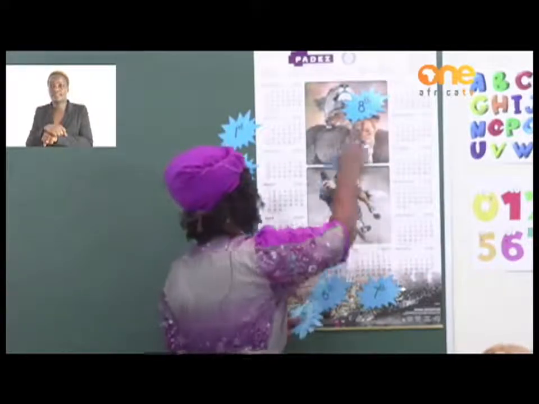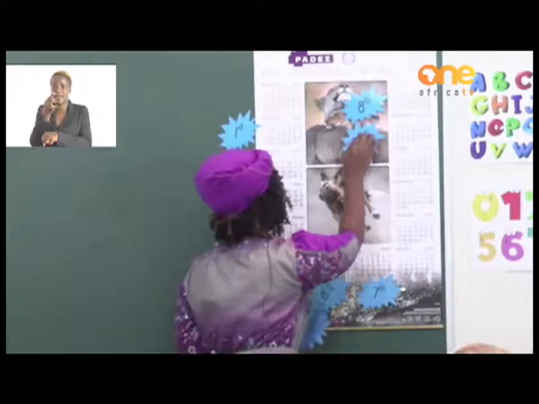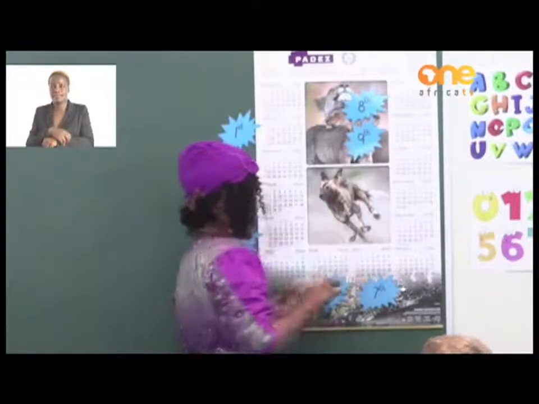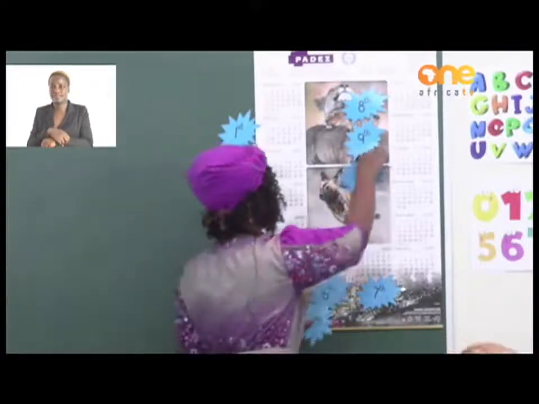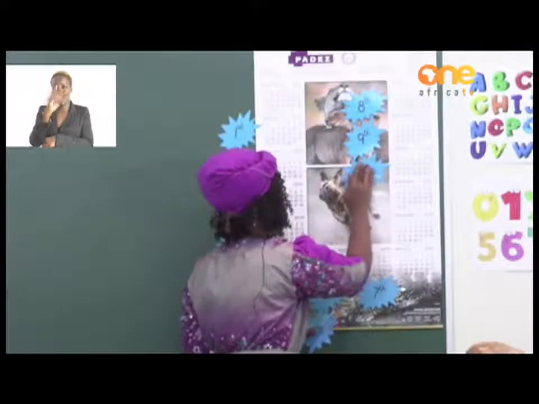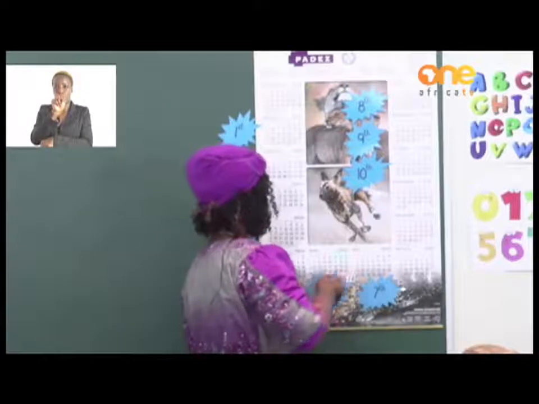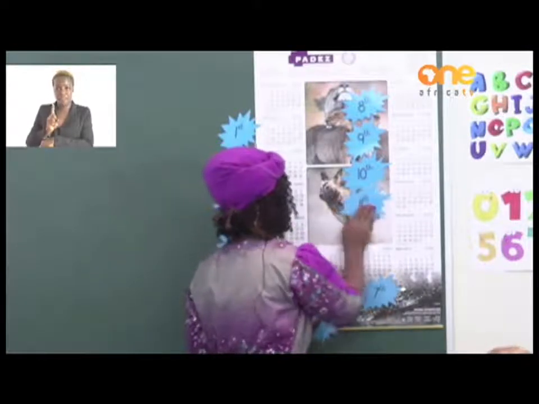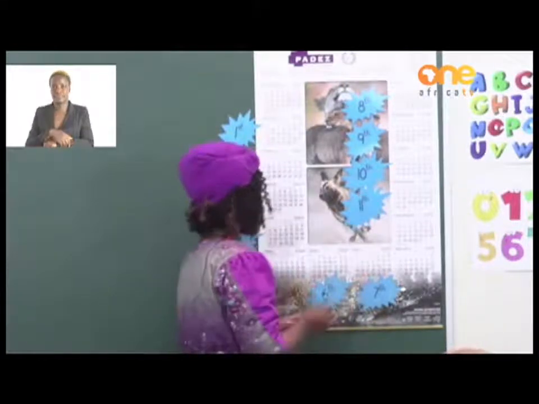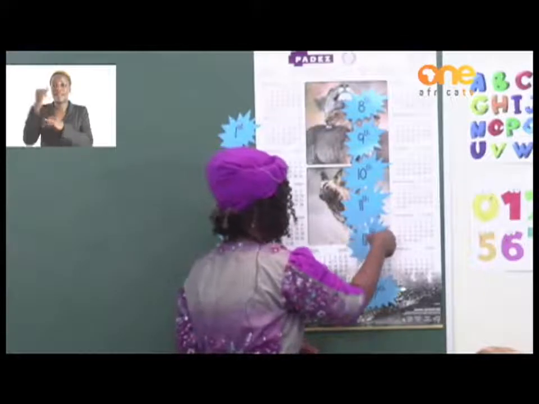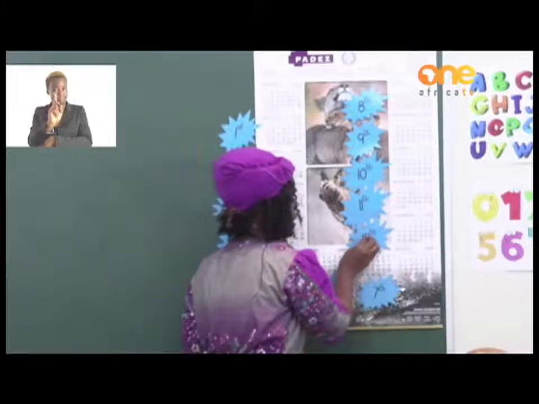And then we have September, Leandre, the 9th. And then we have October, the 10th. And then we have November, which will be our 11th month. And then we have our last month, which will be December.